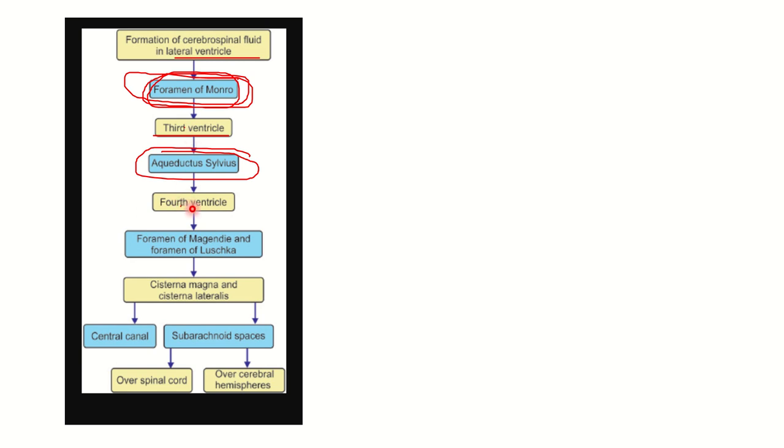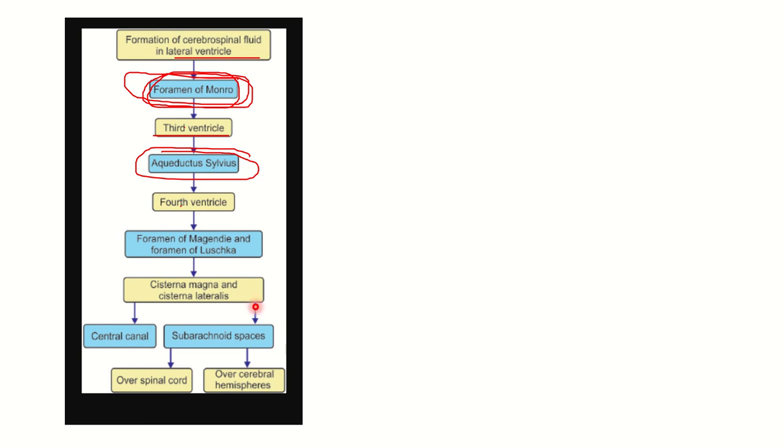From the fourth ventricle, we can see the foramen of Magendie and foramen of Luschka. Through these, the cerebrospinal fluid reaches the cisterna magna and cisterna lateralis, and finally the subarachnoid space and also the central canal of the spinal cord. From the subarachnoid space, it goes over the spinal cord and also the cerebral hemispheres.